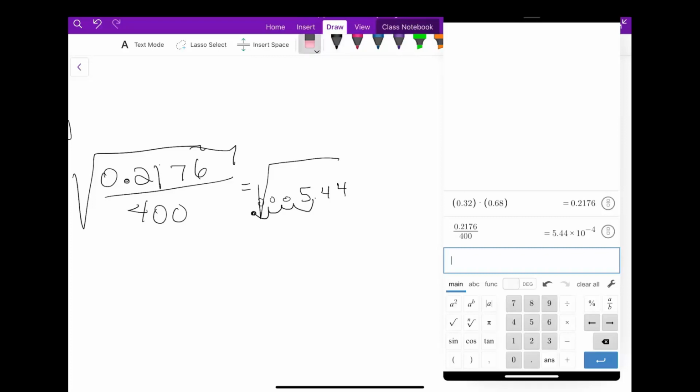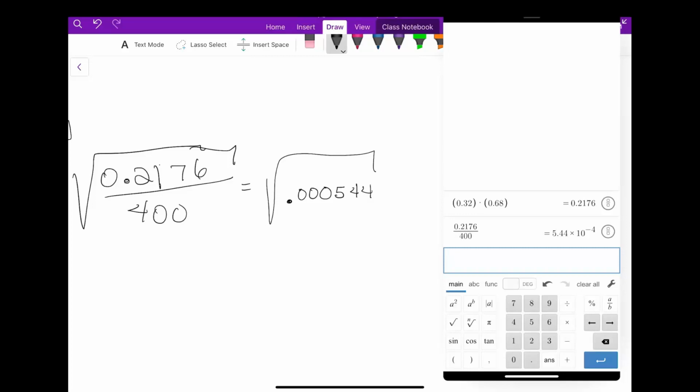You see those? Okay, that was real messy. Let's try again. That's 1, 2, 3, 4. Now it's not the number of zeros, it's the number of decimal places. So we have 4 decimal places to the left. And that includes that 5.